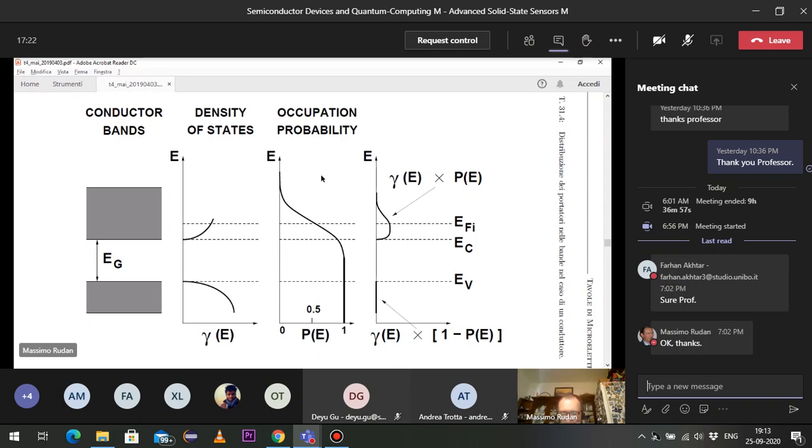And this is because a parameter that you know very well, the conductivity of a conductor, is large. Very soon we shall demonstrate that the conductivity, apart from constants, is proportional to the concentration of the carriers.